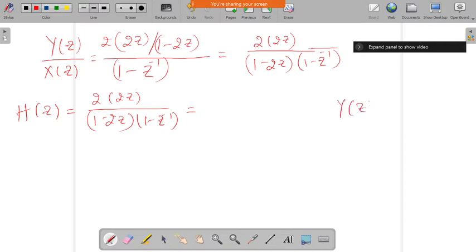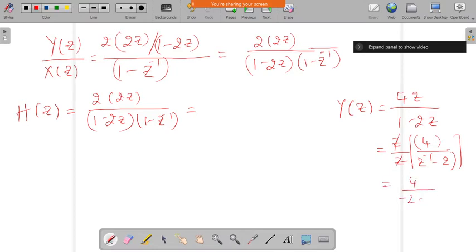So we have 4z divided by 1 minus 2z. Now take z common in the numerator and denominator, you will get 4. In the denominator, 1 over z is z inverse minus 2, then z will cancel, 4 by minus 2 plus z inverse.